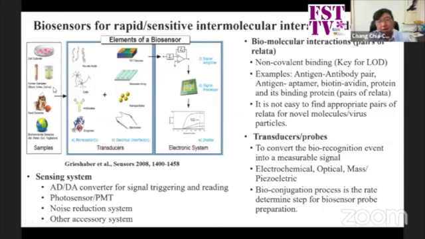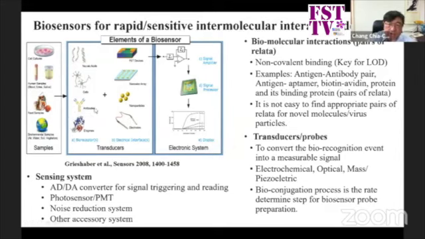These samples need a proper receptor, and the sample and the receptor are kind of a pair of relators. So it's important, especially for a new disease or novel virus, to find their binding pair.